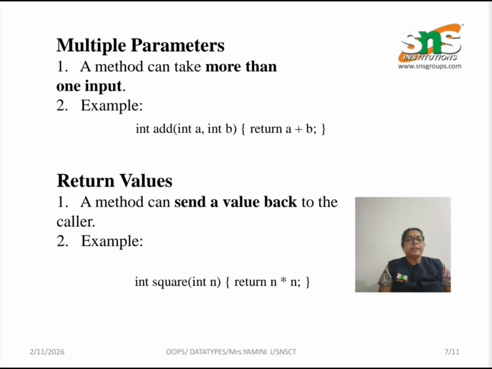The return value allows the result of a computation to be used elsewhere in a program. For example, a method that calculates the square of a number returns the result so that it can be displayed or used in further calculation.